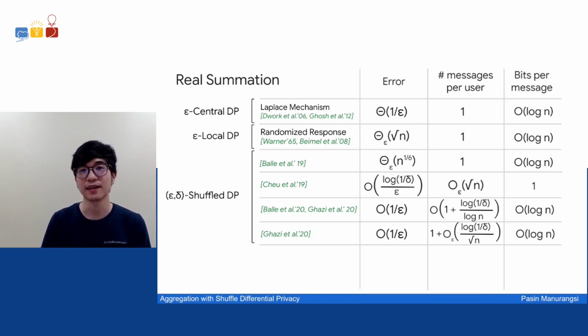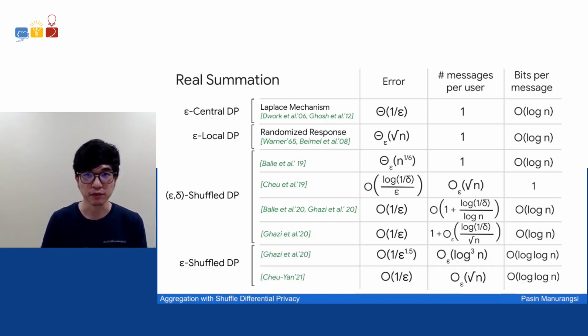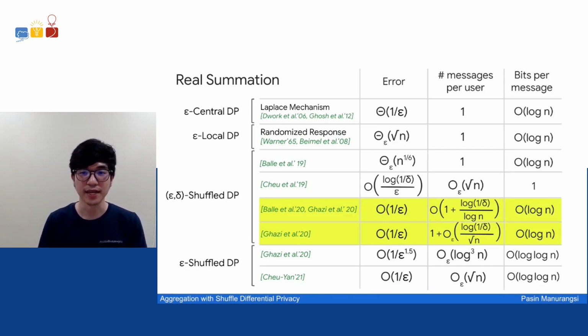And finally, the works with delta equals to 0, the pure LDP work, also apply here with a slight bit more of a blow up. And as I said earlier, I will just focus on the two algorithms in the shuffle DP model that almost match the central DP guarantee, but with delta greater than 0.